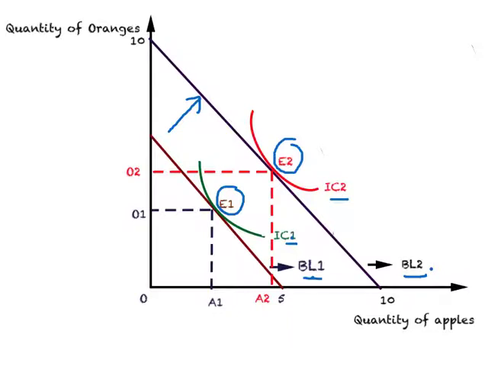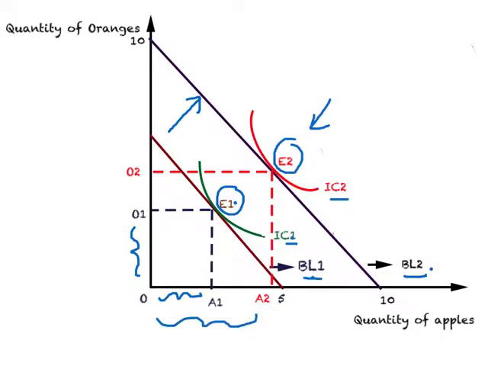Based on this, we already know what happens to consumption choices when we are on equilibrium 1. This person consumes OA1 units of apples, OO1 units of oranges. Now when this person's real income increases and there is no change in price ratio, what happens to consumption of apples?